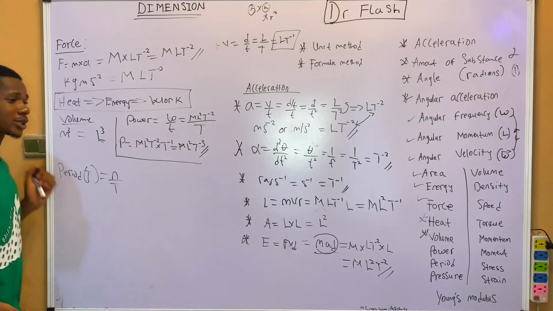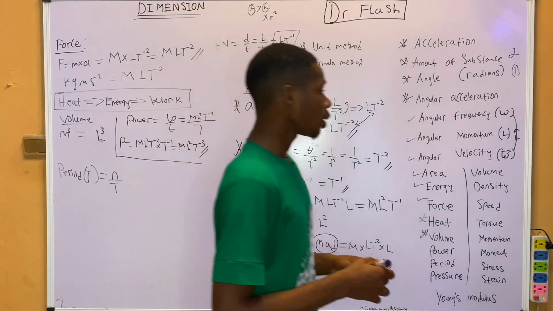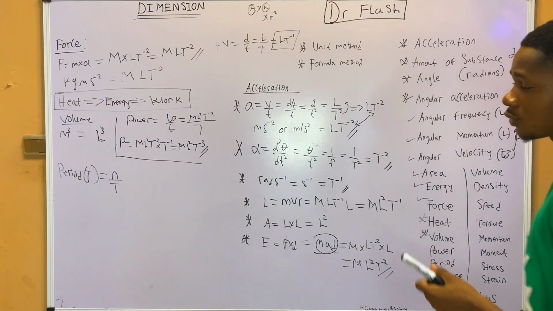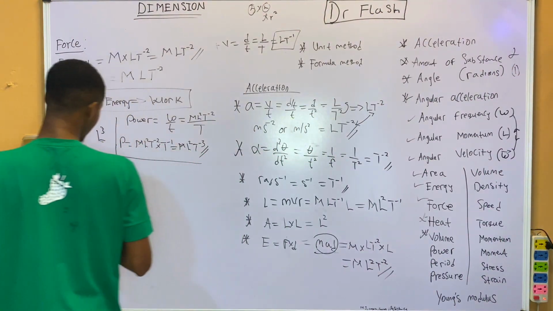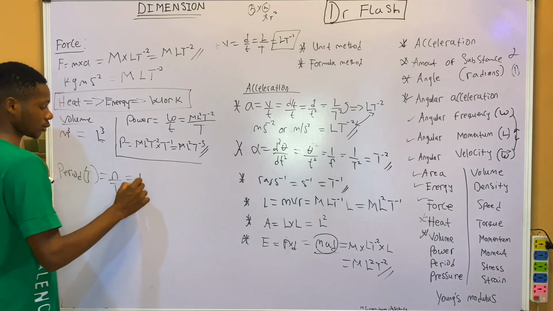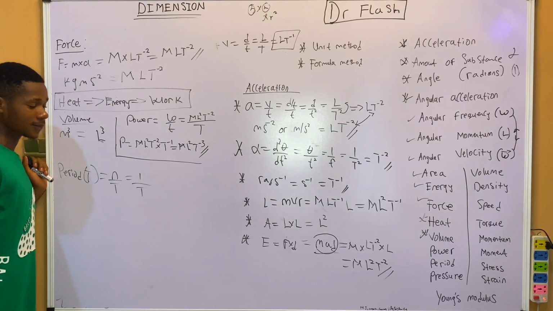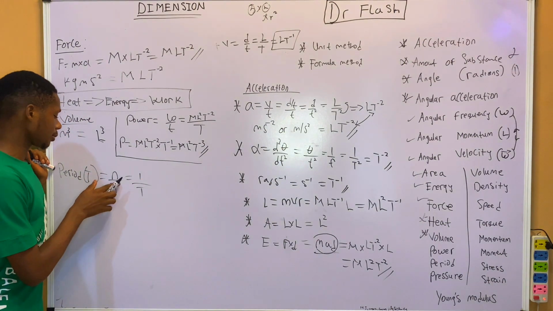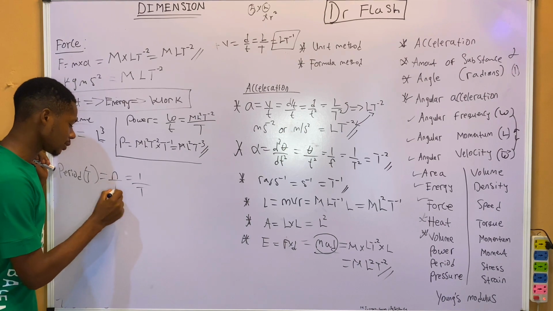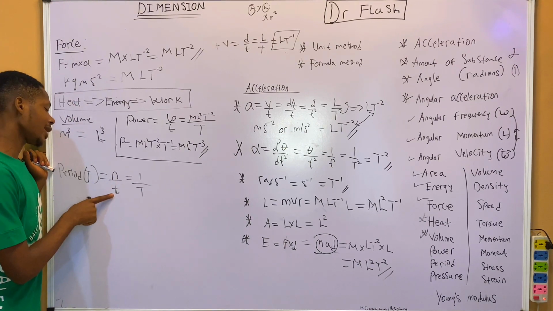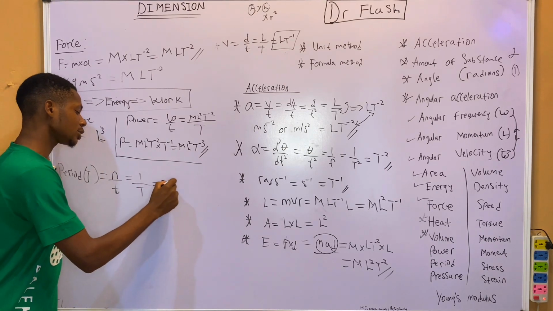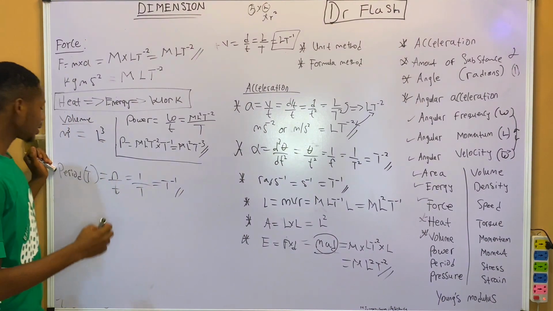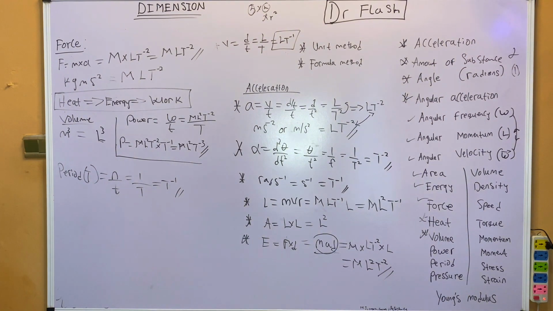Now number of oscillations is just a number, just counting the number of cycles being created. It does not have a dimension, so we can assign a dimension of 1 to it. So we have 1 over t, where t here is time, and the dimension for time is capital letter T. So when I take this upward, it gives us T⁻¹. Basically, this is the dimension for period.